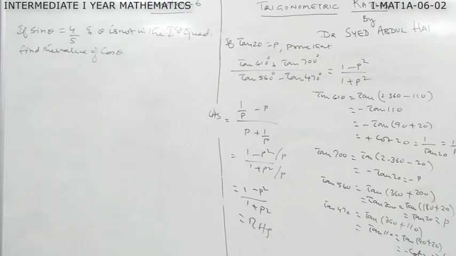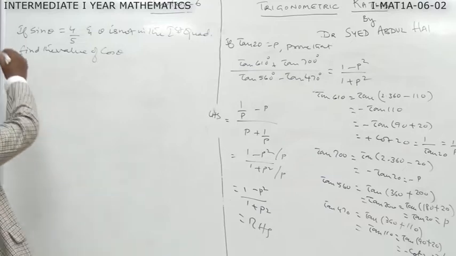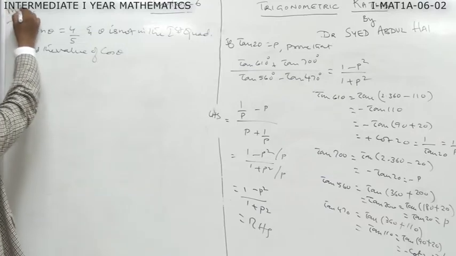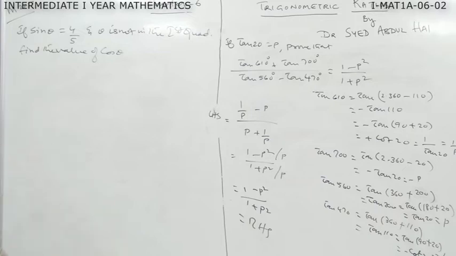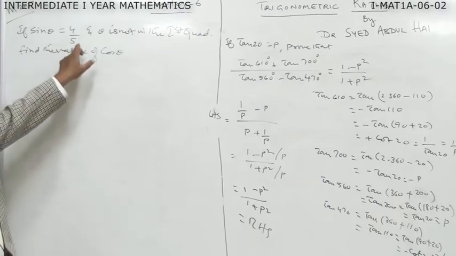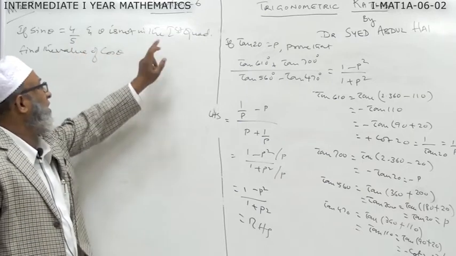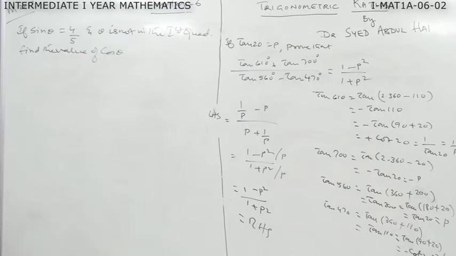This question was asked in March 2017. What is given? He has given the value of sin theta is equal to 4 by 5 and he says that theta is not in the first quadrant. Then you have to find the value of cos theta.